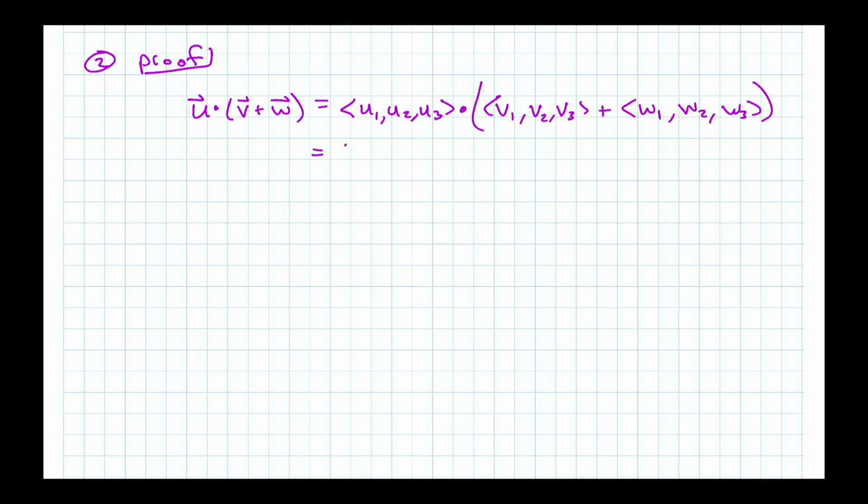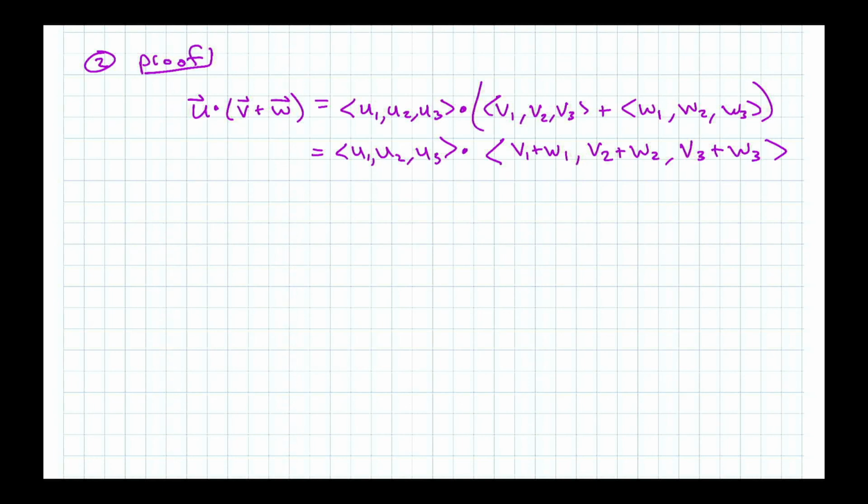So we get u1, u2, u3 dot, add these up, I don't need parentheses now because I'm going to add them. So you end up with v1 plus w1, v2 plus w2, v3 plus w3, like that.